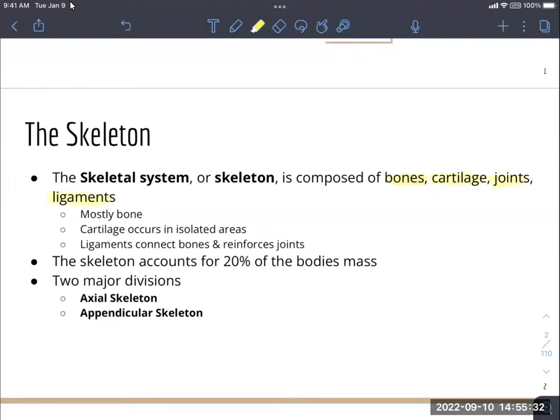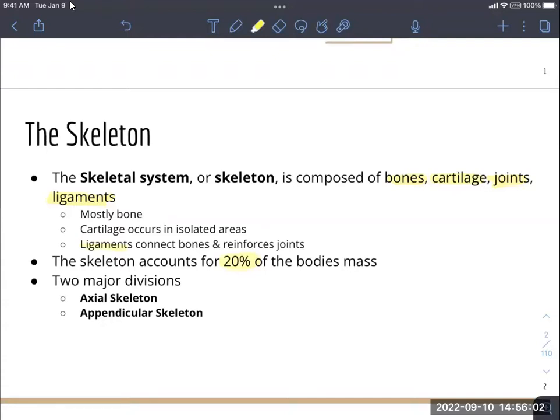Sometimes we use ligaments to hold one bone to the next bone. That whole system is mostly skeleton, but it is made of some other parts like ligaments. Your skeleton only accounts for 20% of your mass. It's not a lot, comparatively.